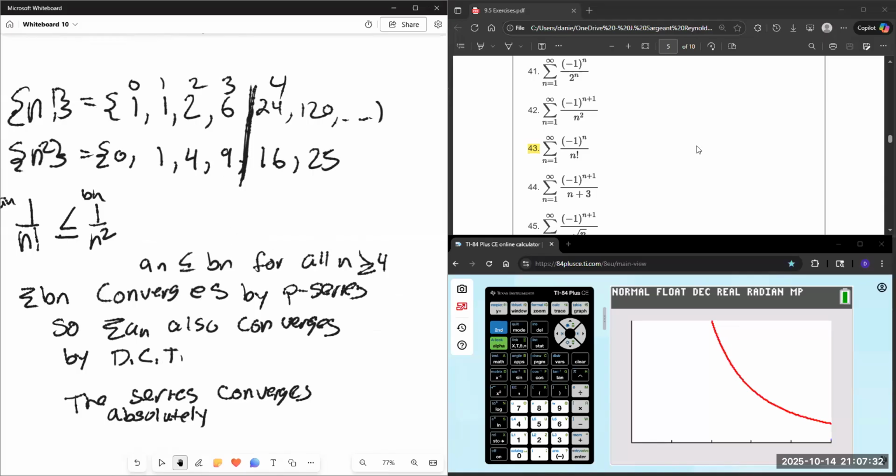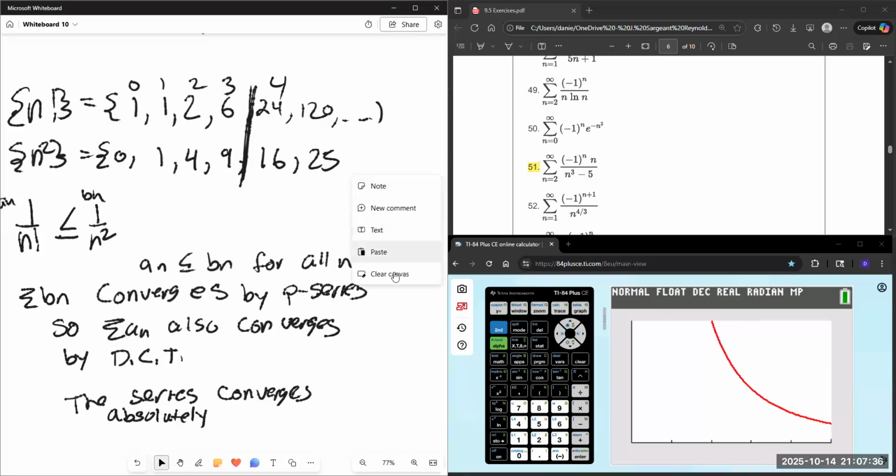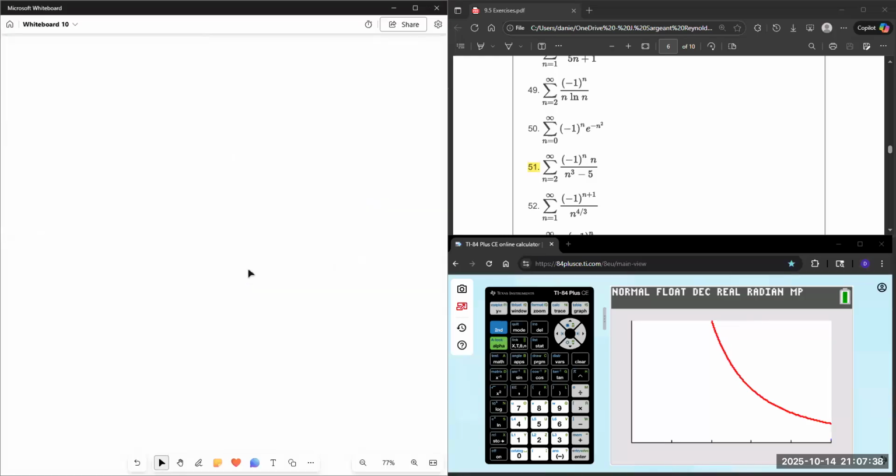All right, let's look at 51. 51 says the sum from n equals 2 to infinity of (-1)^n times n over n cubed minus 5.